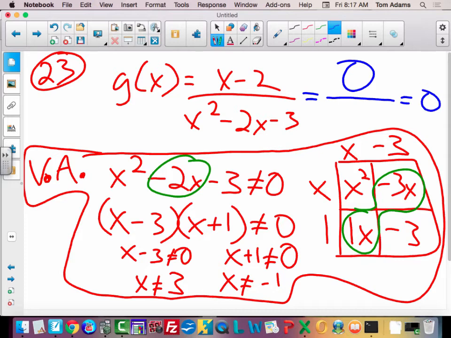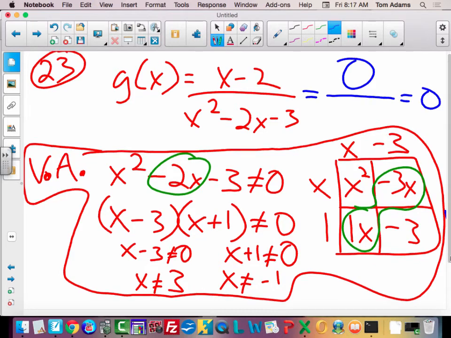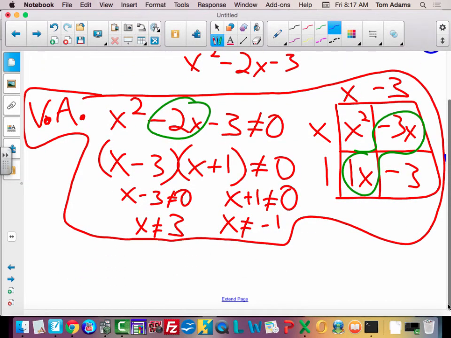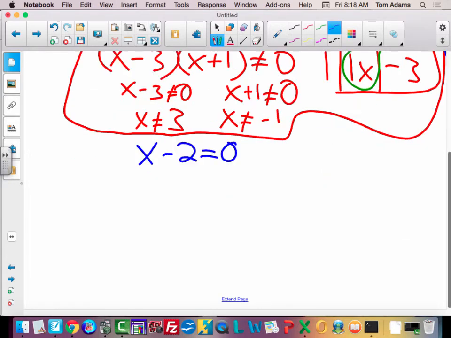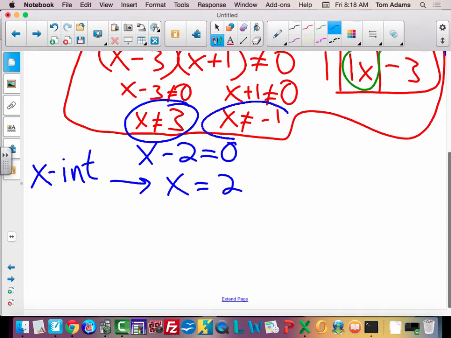I said that as a joke, but we'll check for that. So what I need to do next is say x minus 2, because that's the numerator, equals 0, and solve that. So x equals 2. Now this is the x-intercept of the equation. To make sure that it's not 0 over 0, I need to double check that with my vertical asymptotes.